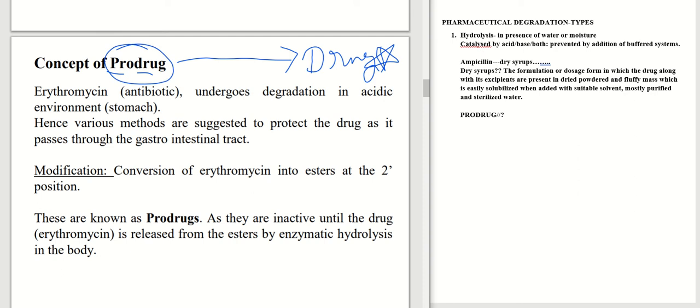Now this concept of modifying the drug into a prodrug is to protect the drug or to improve the organoleptic characters.